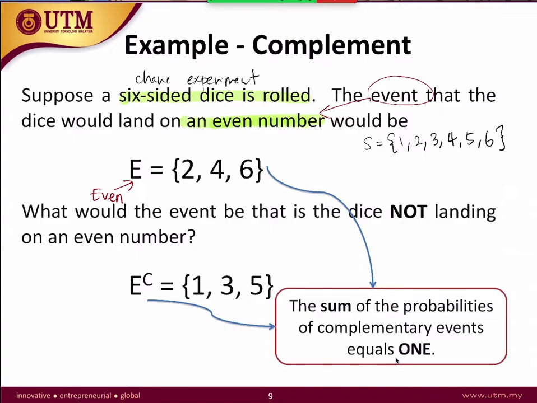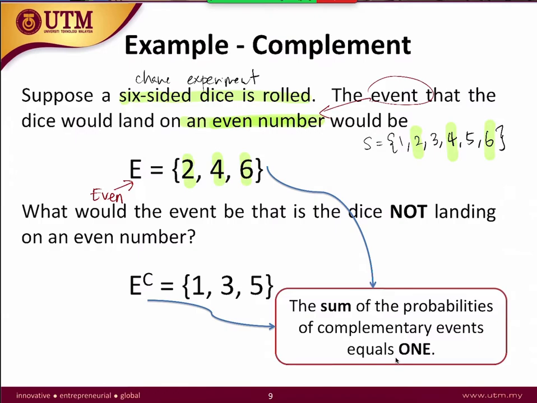The even numbers are 2, 4, and 6, so we have 3 possibilities of getting an even number.